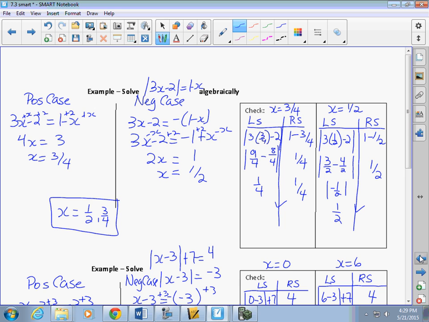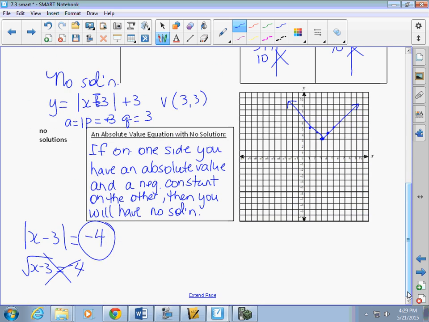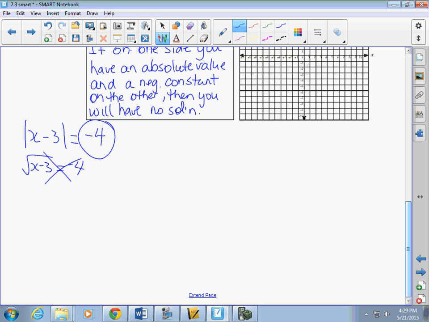Okay, and I think at the bottom of your page, it's on the bottom of mine, it says example, solve, and it might not be there, but absolute value of 4x minus 5 plus 9 is equal to 2.